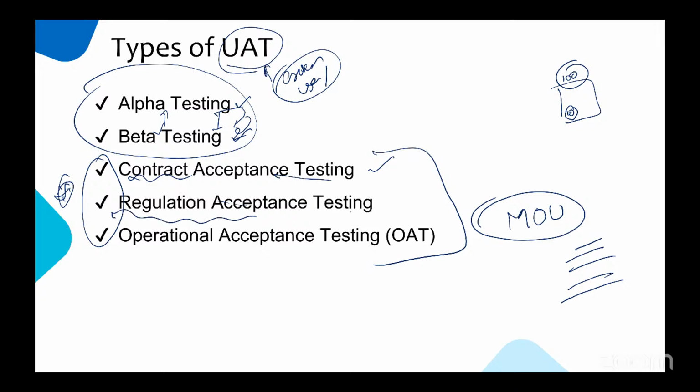And then the regulation acceptance testing. It checks that the software complies with the legal and regulatory requirements of that particular region. Because if you take data, to my knowledge, in India or the Asian region, the rules are not that strict.